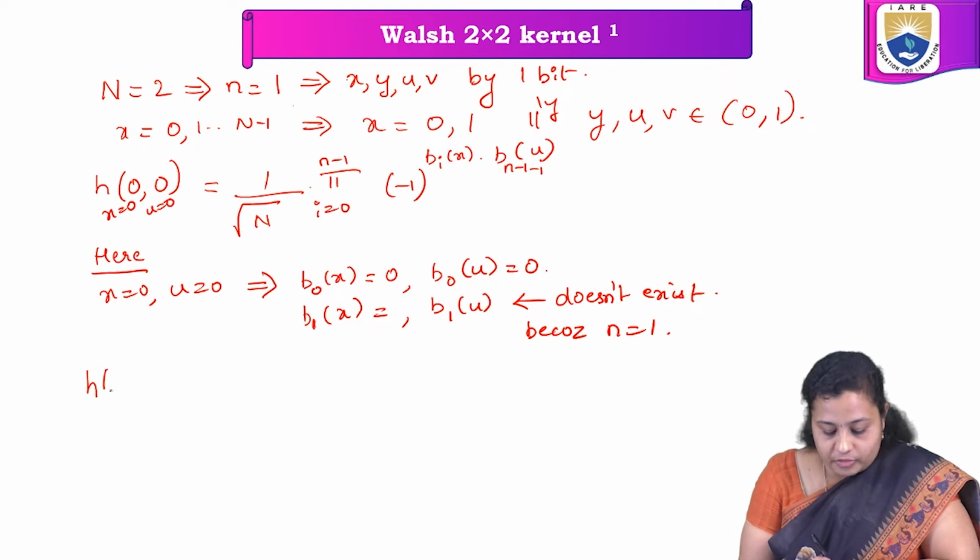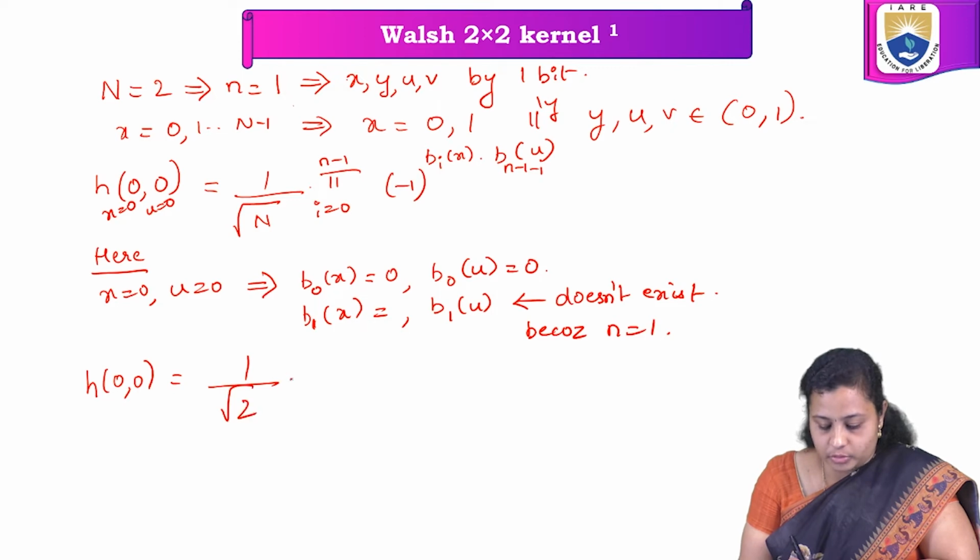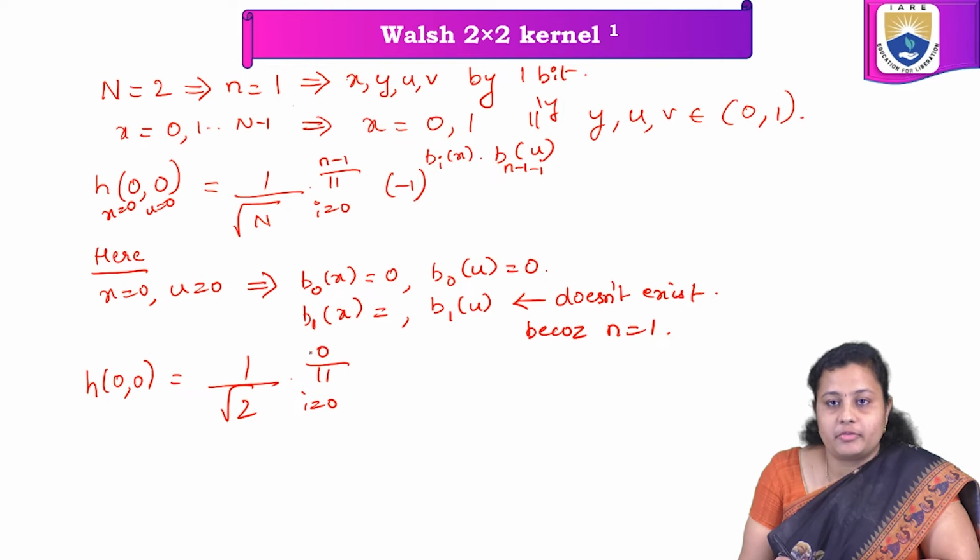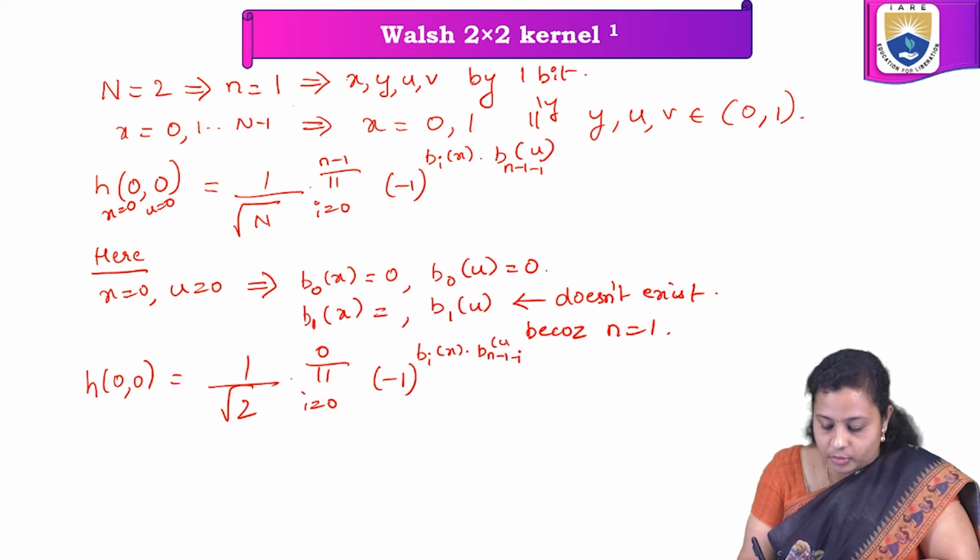So h of 0, 0 is given by 1 by square root of 2 into the product from i equals 0 to n minus 1, which is 0, of minus 1 power b_i of x into b_(n minus 1 minus i) of u, right?